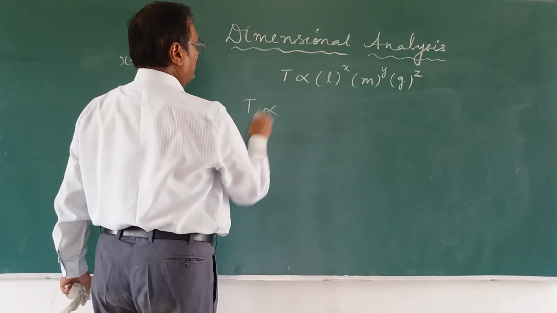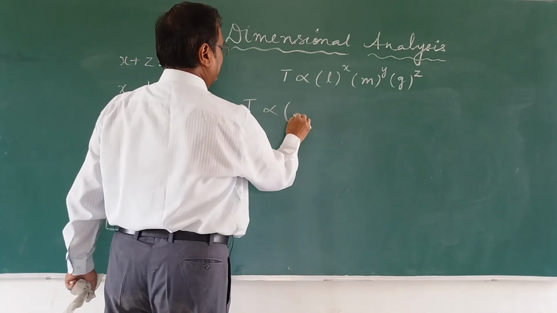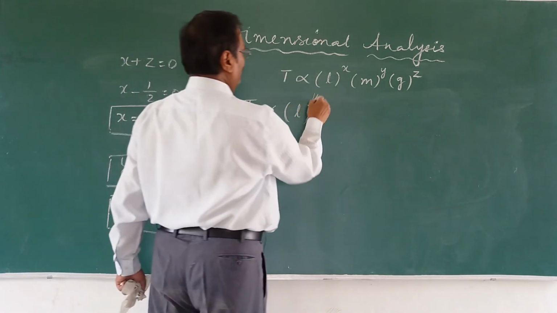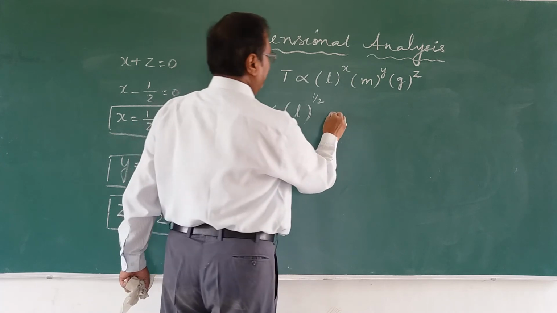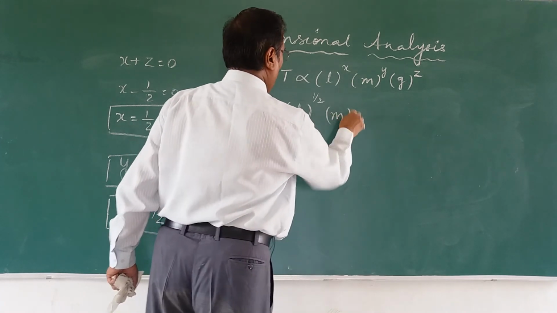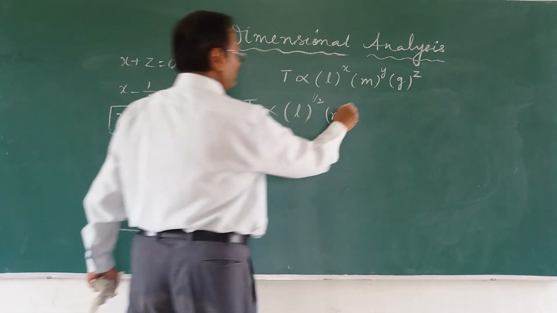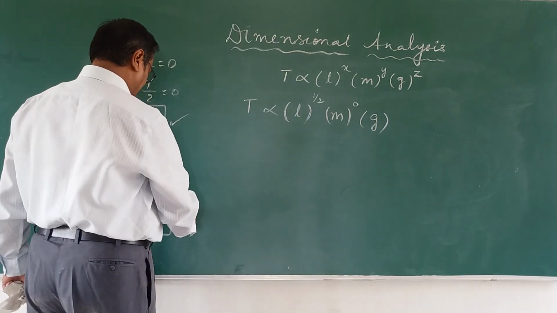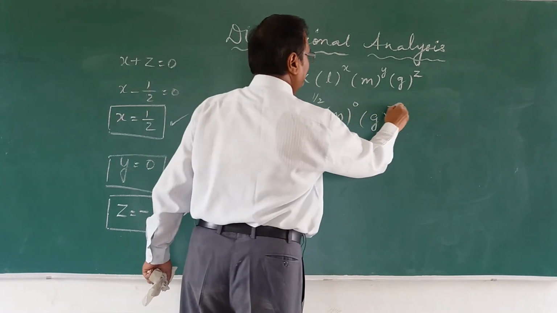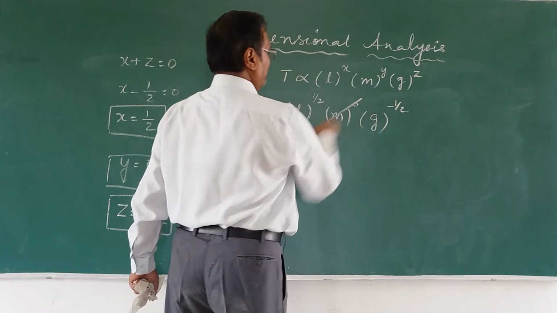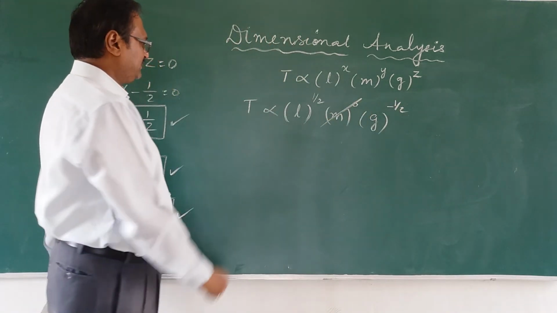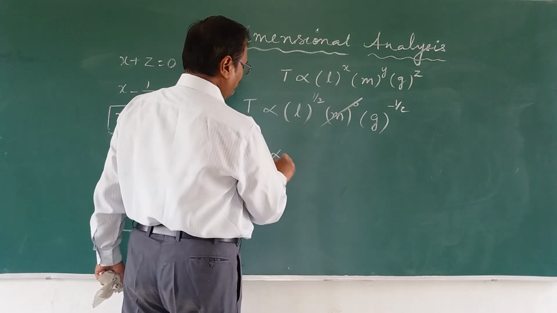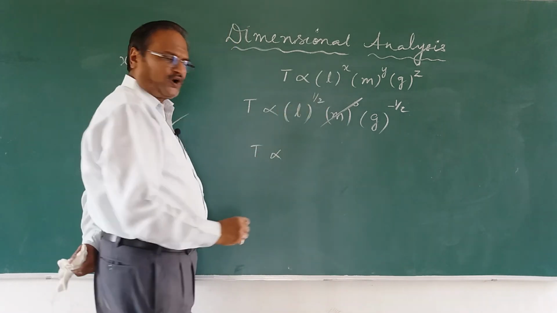T is proportional to L power x, x is half, over M power y, y is 0, over g power z, z is minus half. Anything power 0 is 1, leave it. Now T is proportional to L power half, which means what?